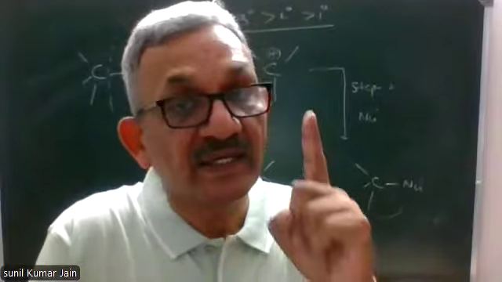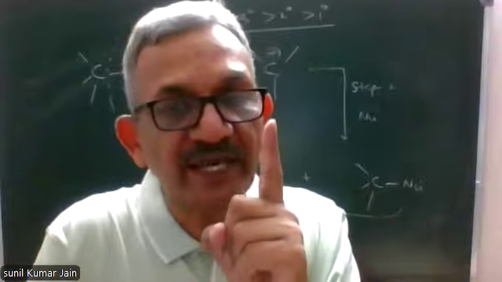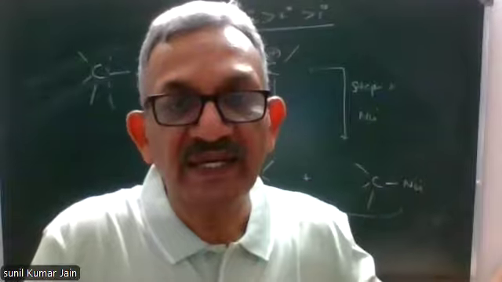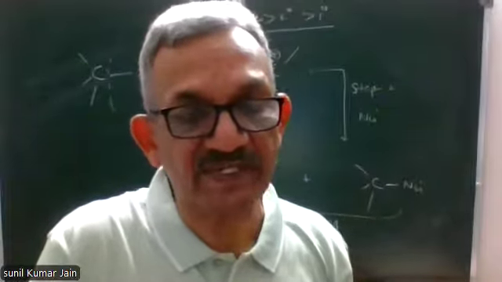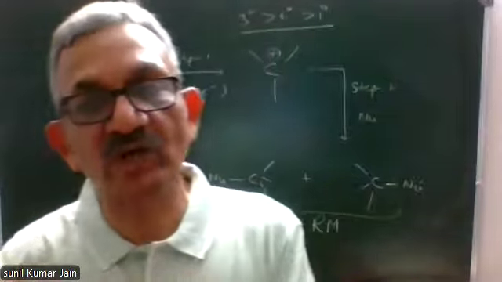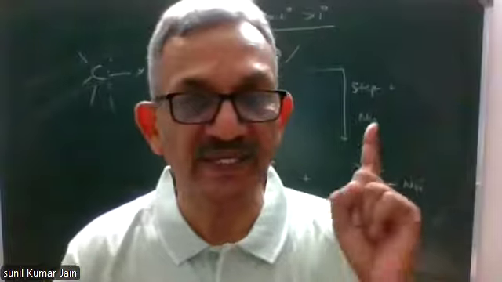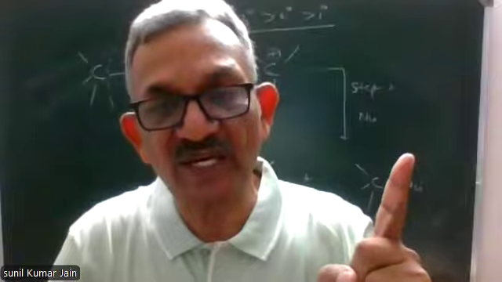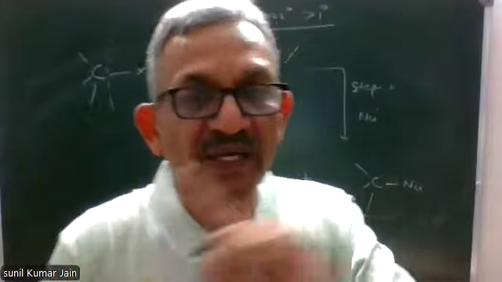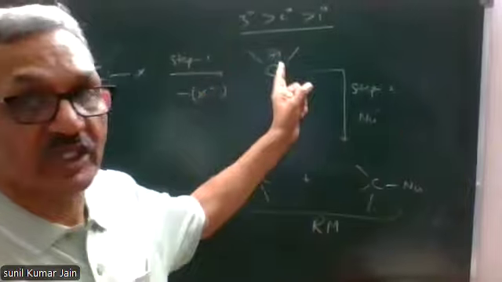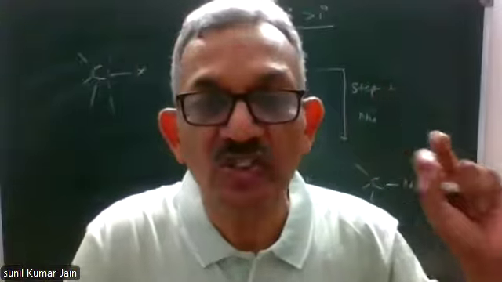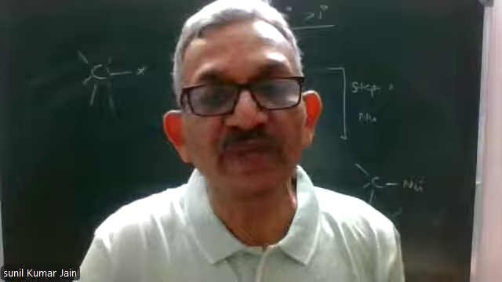This is the reason tertiary alkyl halides react fastest by the SN1 mechanism. Primary alkyl halides react slowest. This order of reactivity is opposite to the reactivity order by the SN2 mechanism. In SN2, primary reacts fastest, tertiary reacts slowest. The reason in that case was steric hindrance. In SN1, tertiary reacts fastest, primary reacts slowest, and the reason is stability of the carbonium ion on the basis of hyperconjugation.